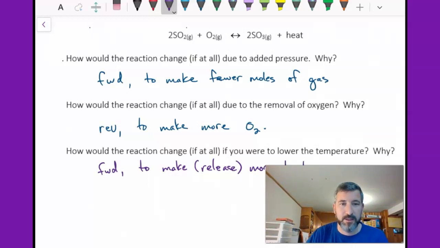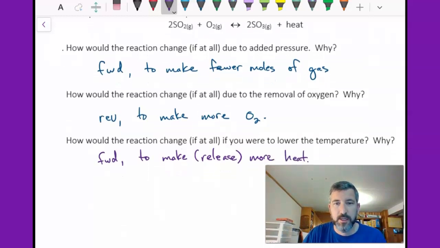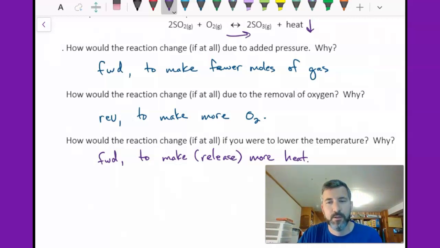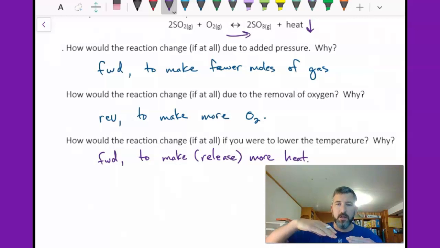So think of heat as a substance. If we lower the temperature, it's like taking away heat. Well, which direction would make more? Forward, right? So imagine that seesaw, if we lower the side that has heat on it, it's going to try to produce more, bringing that side back up into balance.